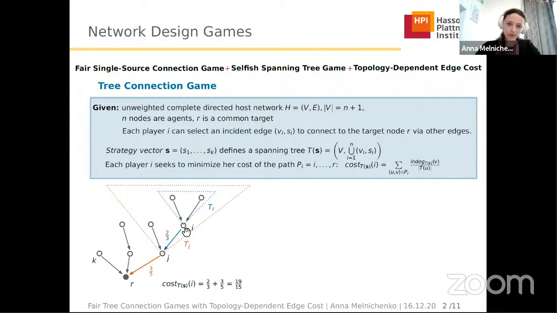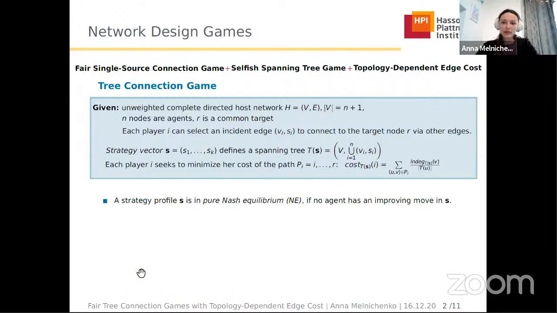For example, for this edge, its cost will be 2/3 because it has in-degree 2 and it has 3 users. This subtree is exactly the set of users of this edge. The next one is 3/5 because it has in-degree 3 and has 5 users. And each player seeks to minimize the cost of the entire path and to be connected with a common target.